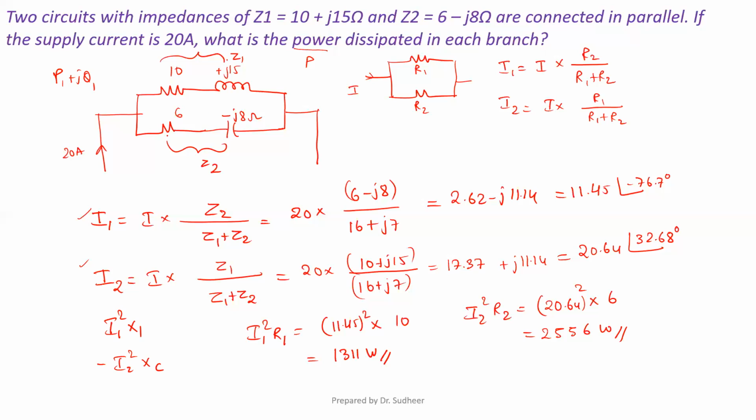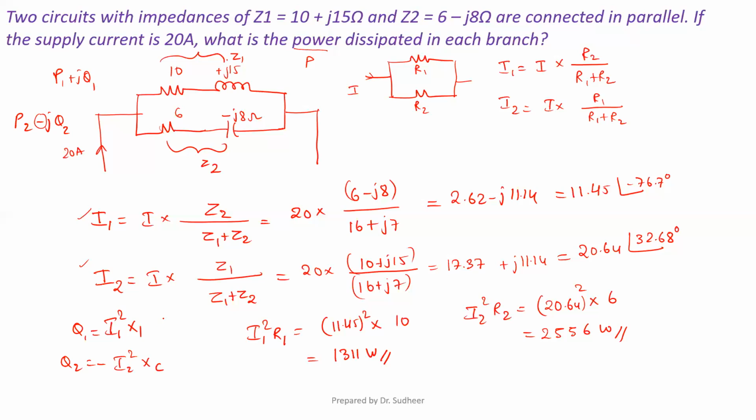The power consumed in the second branch is P2 minus jQ2, so this will be a negative value. Rather than taking reactive power, the capacitor gives back reactive power. So Q1 is I1 square X1, and Q2 is I2 square X2. You know X1, you know X2, so if he asks for reactive power also, we can use these formulas.